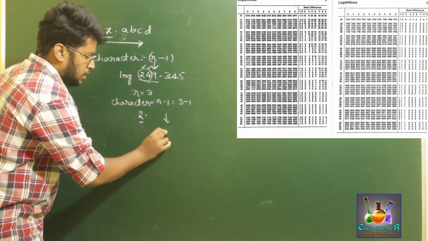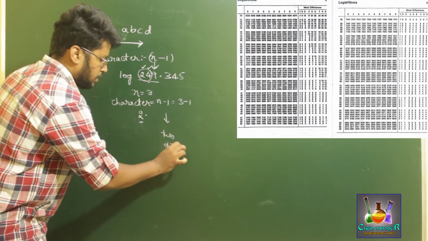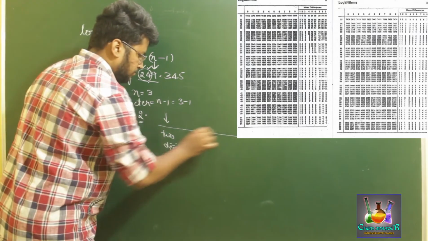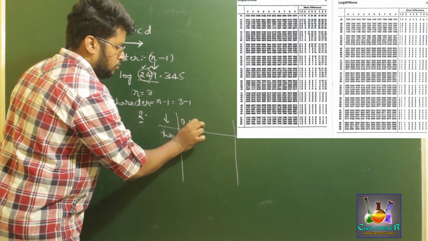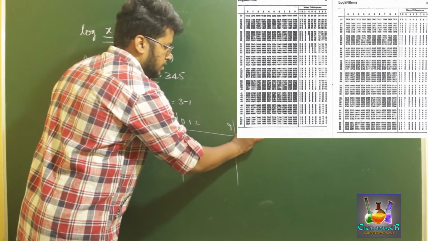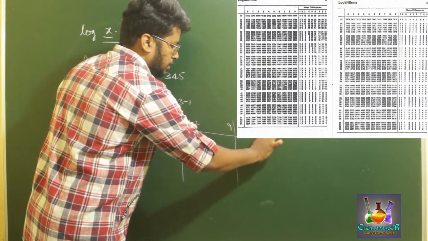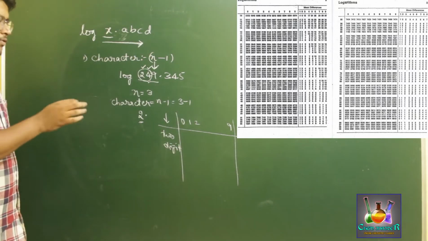The first column has 2-digit numbers. The second column has numbers from 0, 1, 2, 3 up to 9, and the next one is the mean difference, with numbers from 1 to 9. Below each there is an arrangement of logarithm values.